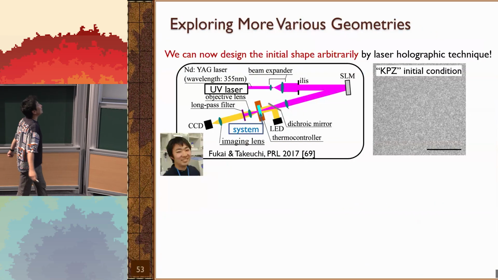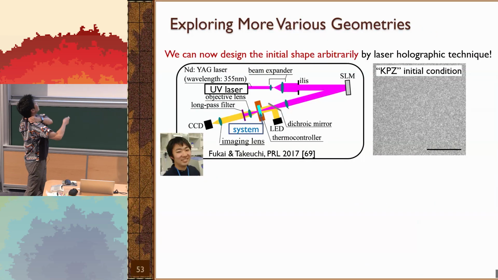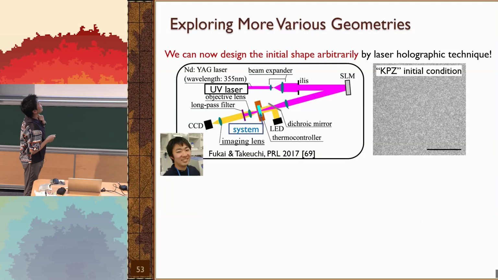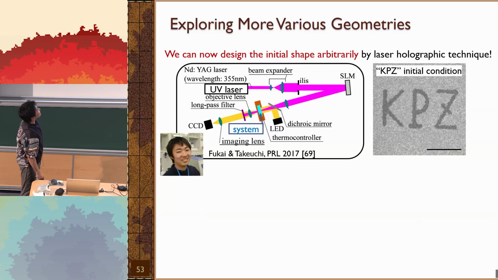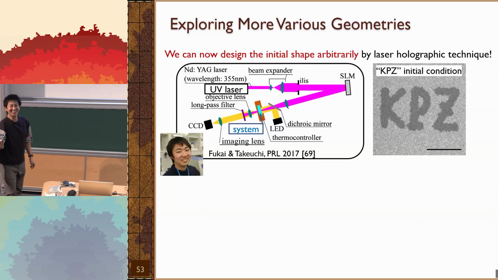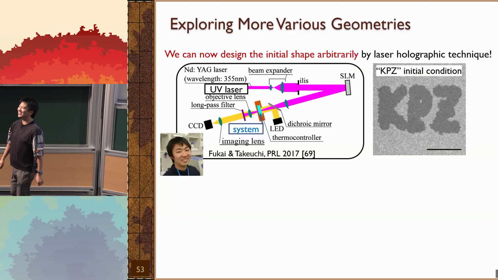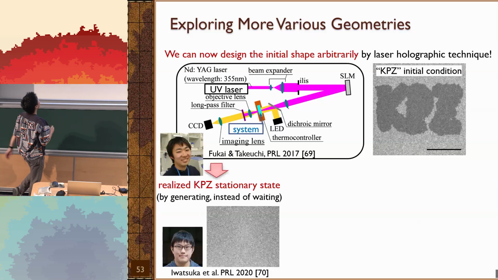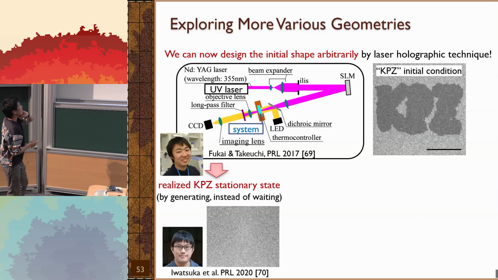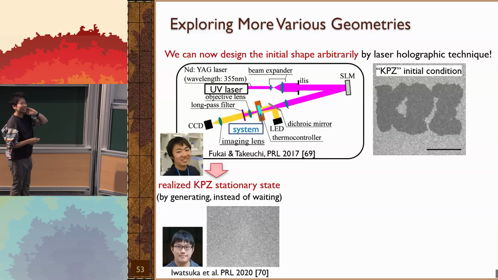Okay, this is to tell that experimentally we can now generate any kind of initial conditions, even the KPZ initial condition. I don't know what kind of distribution it gives. But by using this technique, we can also generate a stationary interface.